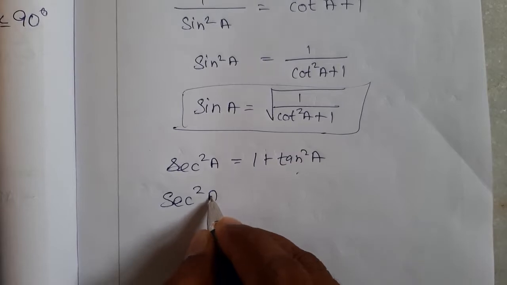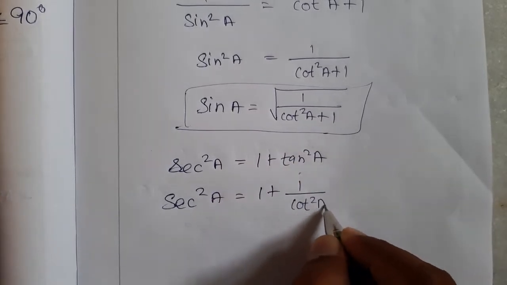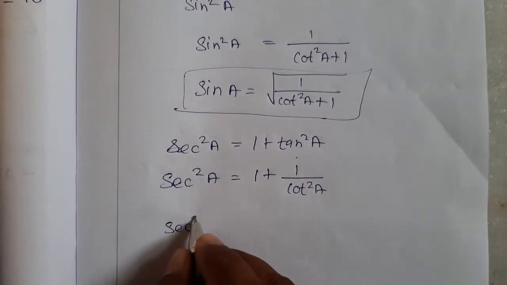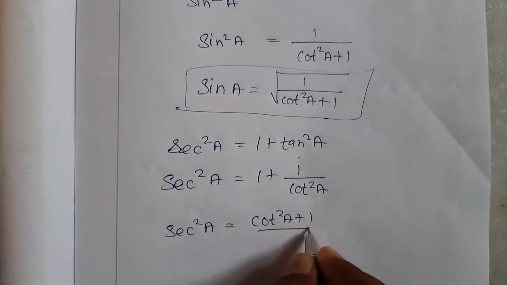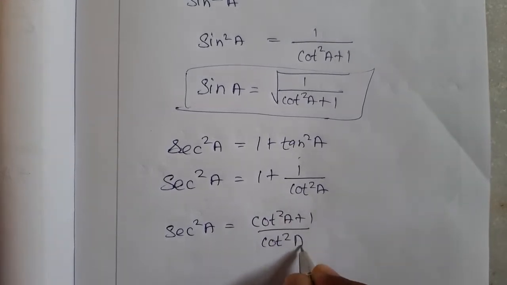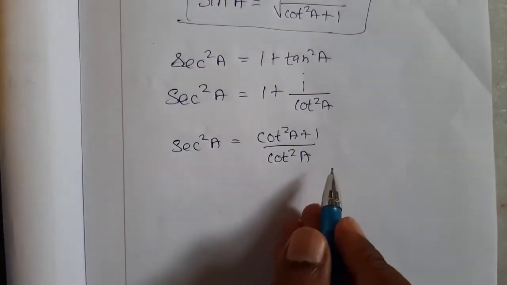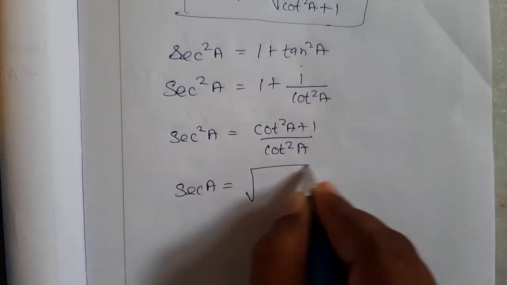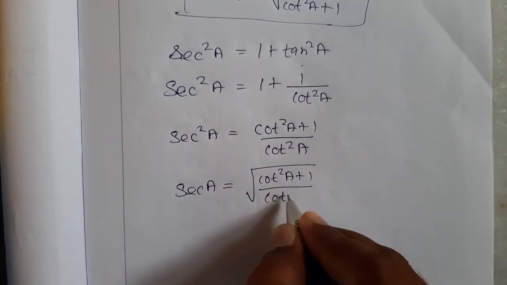So sec square A is equal to 1 plus 1 by cot square A. Or taking the cross multiple, we get sec square A is equal to cot square A plus 1 by cot square A, and it is a square, we need only the sec. So let me take the square root to this side. So sec A is equal to square root of cot square A plus 1 by cot square A.